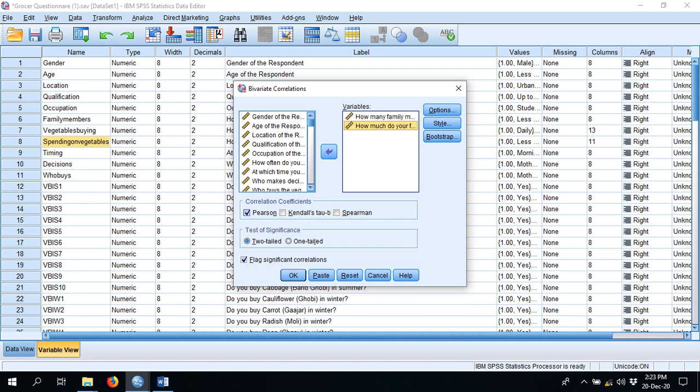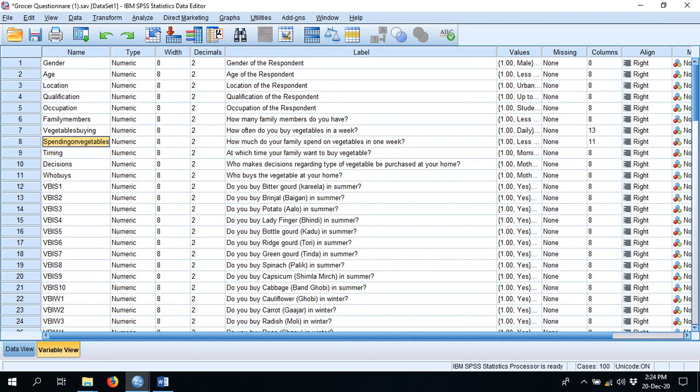So these two variables have been selected. So you can see this is Spearman correlation. So we are not using Pearson, and again we will say okay, select flag significant correlations.